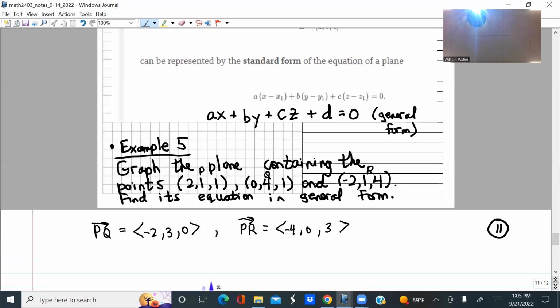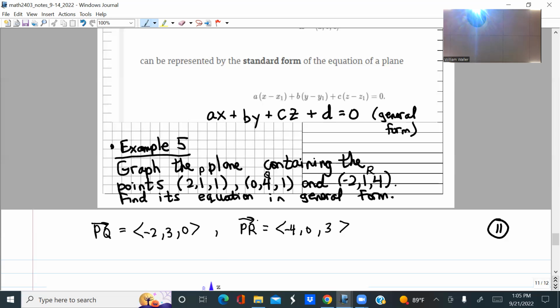That vector is going to be perpendicular to these two vectors, which are in the plane. Now, how do you find a vector that's perpendicular to two given vectors? Cross product, right? So cross product is going to give me my normal vector.